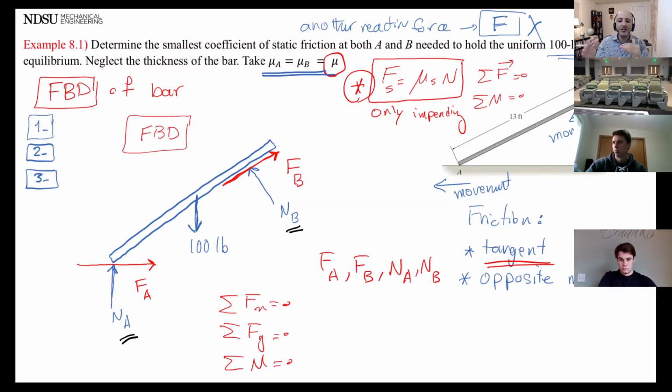It can slide back and forth in this direction, but it cannot move in this direction. And therefore, that's why there is a normal force. But just to simplify it, a smooth contact always has a normal force perpendicular to the surface. So we put N_A and N_B.